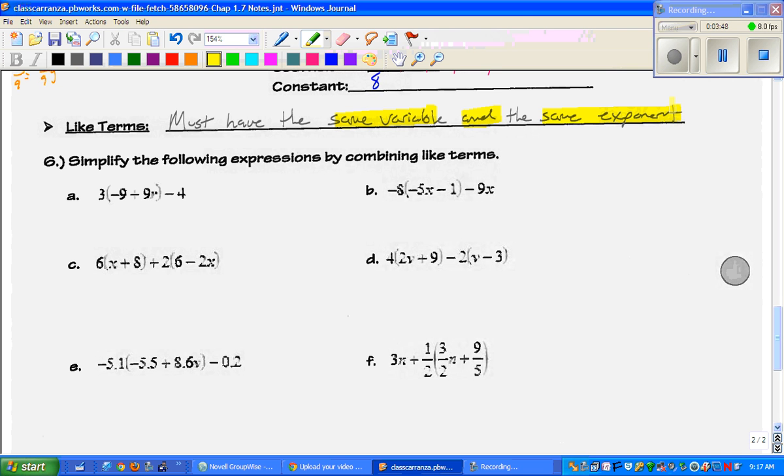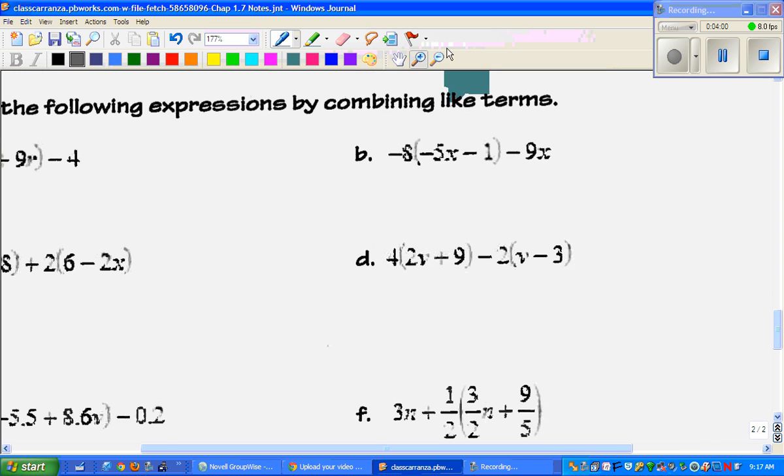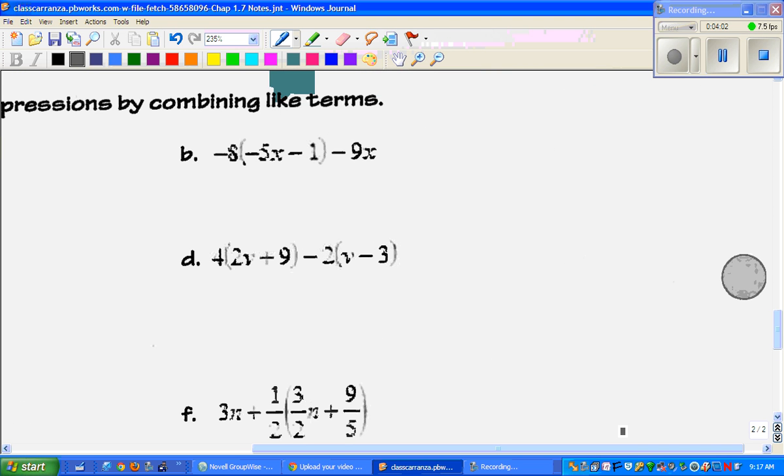Now, we're going to go through some examples. I'm just going to go through the right column. So we'll be going through all of those going down. So let's zoom in so we can see a little bit. Now, we're going to be using the distributive property. Distribute whatever's outside. Negative 8 times negative 5 gives us positive 40x.